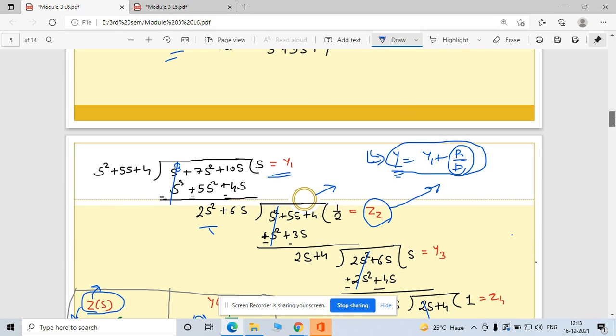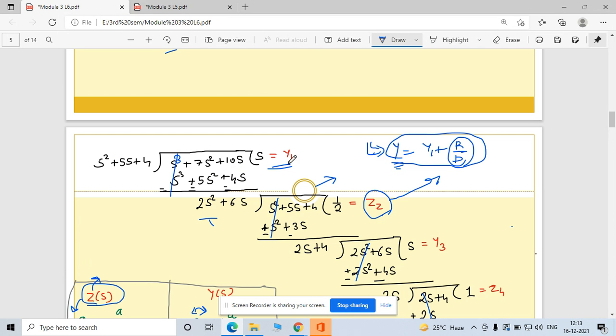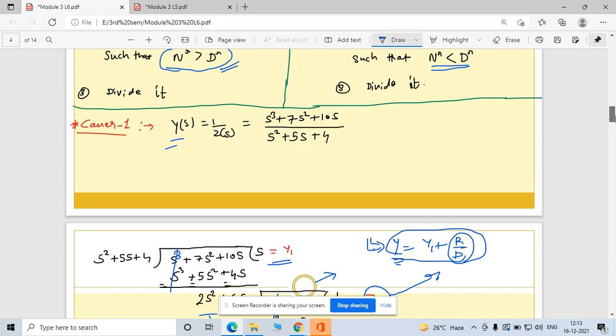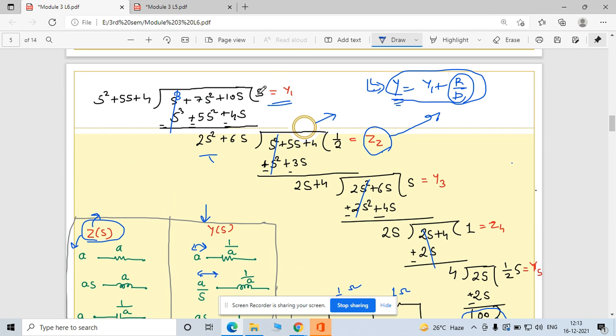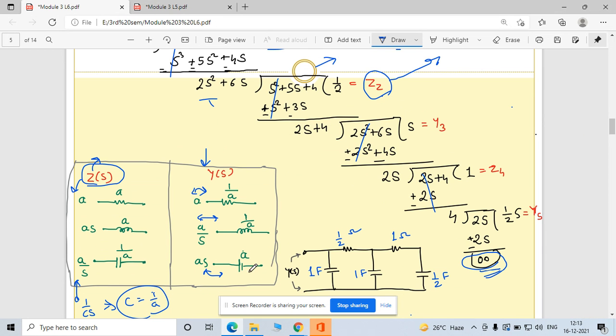Now see, this is your Y function, this is your Y1. Compare the coefficient of Y1, and here you are talking about the Y function, the admittance function. Now this is your Y1, and the Y1 value is 1, right? So here the C value is A. Compare this with this.